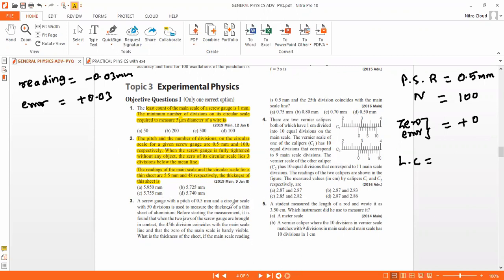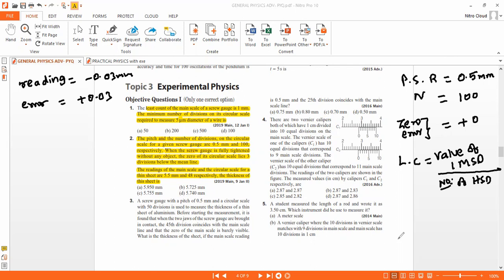So firstly, I'm finding the least count, which is defined as the value of one main scale division divided by the number of head scale divisions.